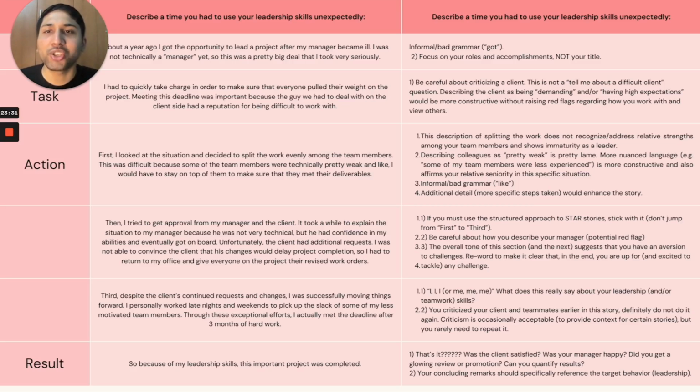I had to quickly take charge in order to make sure that everyone pulled their weight on the project. Meeting this deadline was important because the guy we had to deal with on the client side had a reputation of being difficult to work with. Now, there's fundamentally nothing wrong with this, but the tone is more that you are criticizing the client, using words like had a reputation of being difficult to work with.